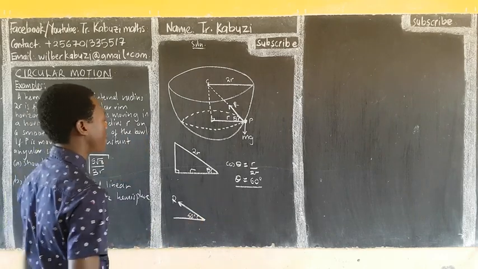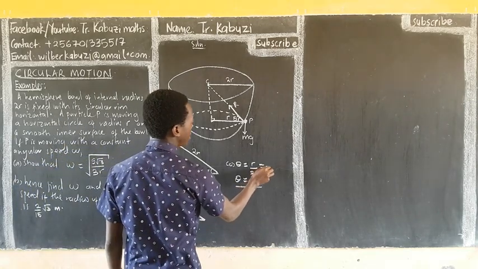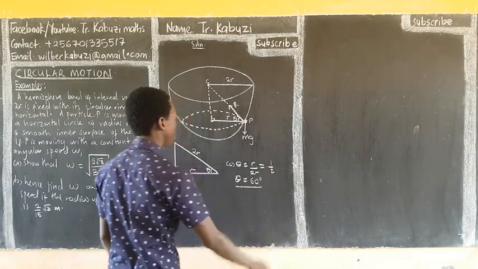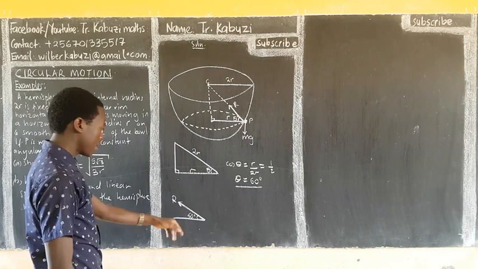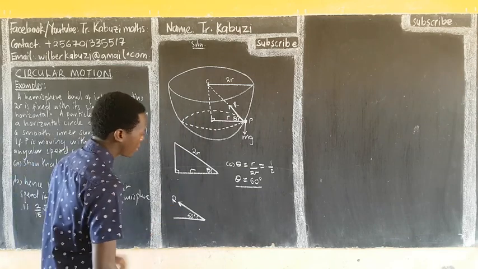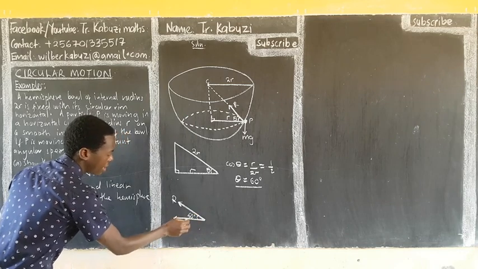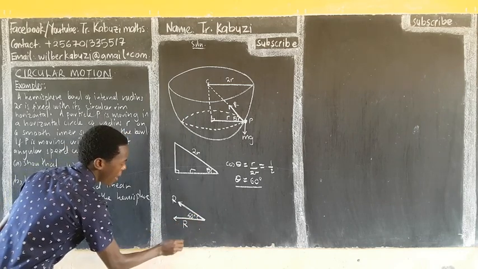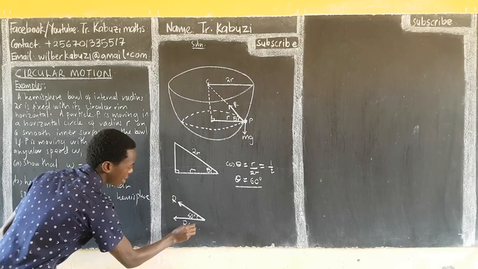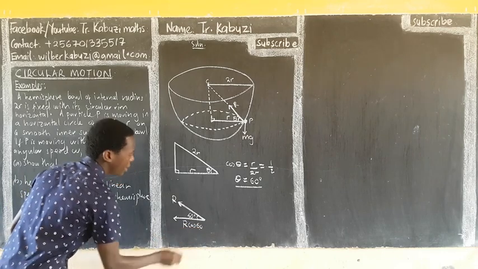From here I think you see it is a half. Now from here, can we resolve this? When you resolve this, first, this is adjacent, so this is going to be R cos 60.